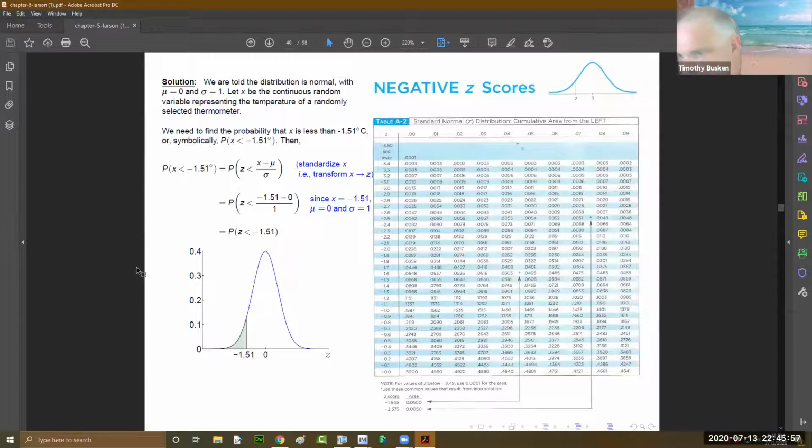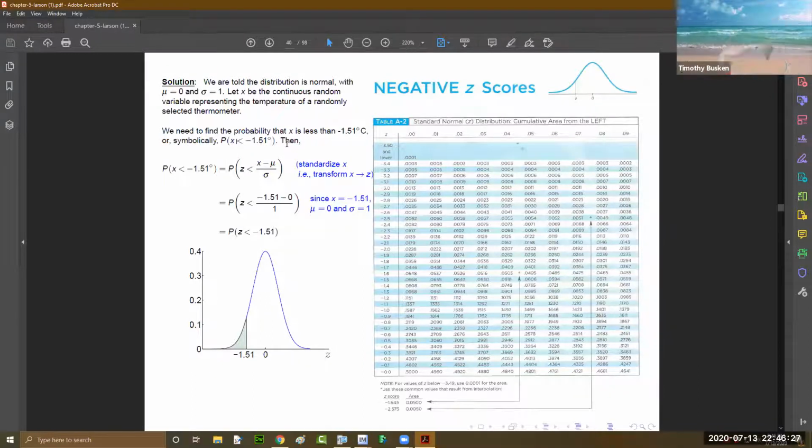Okay, so to use the z-table, before we do, we need to convert the x value to a z-score. We know that the distribution is normal. X is the continuous random variable representing the temperature of a randomly selected thermometer. And what we need to find is the probability that x is less than negative 1.51.